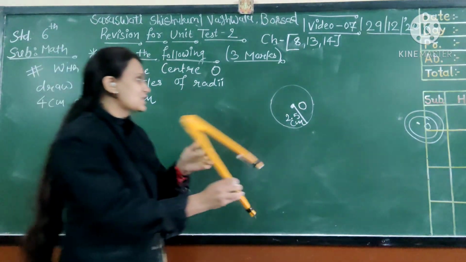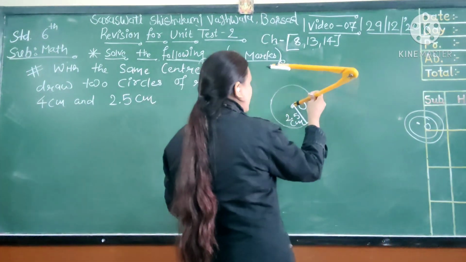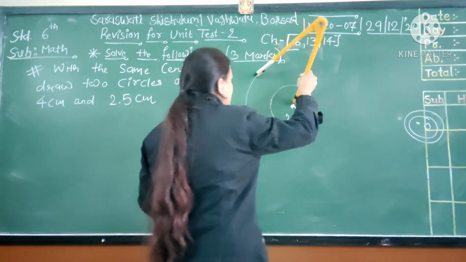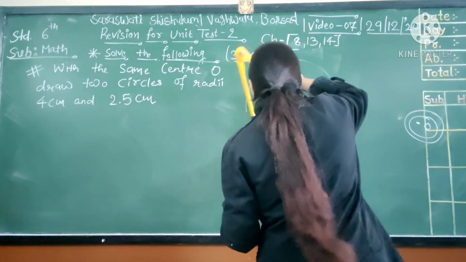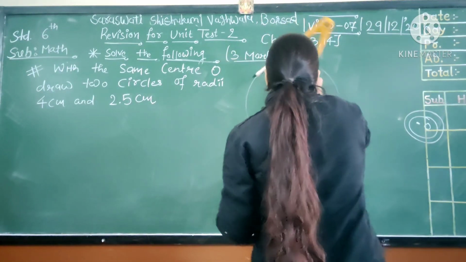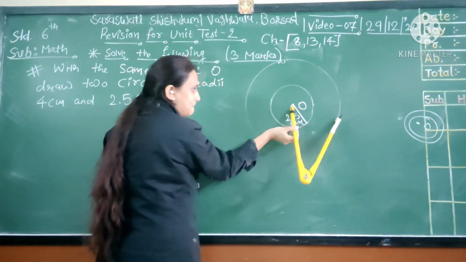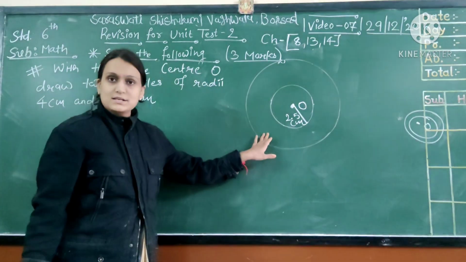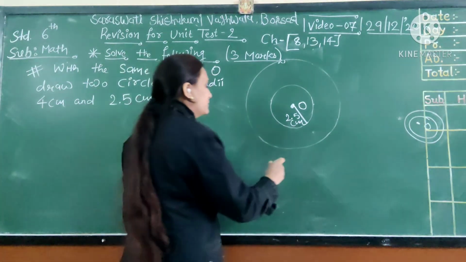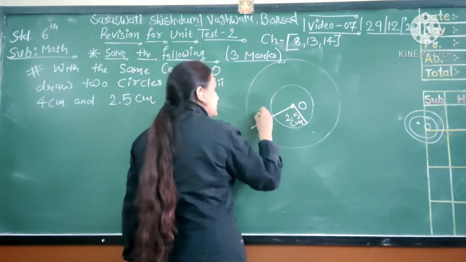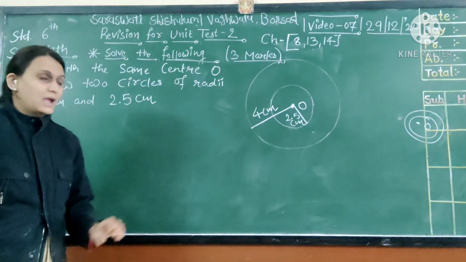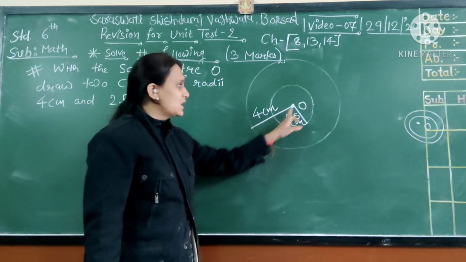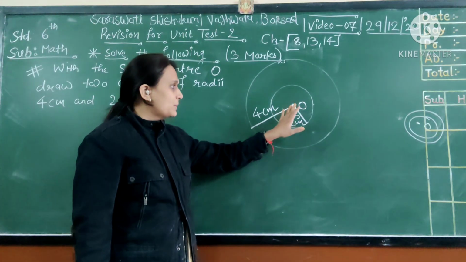Now again fix the point on the same center O and draw another circle like this from center O. The measurement of radius is 4 cm. So this is your other circle with 4 cm. So this way you can draw two circles with common center O.